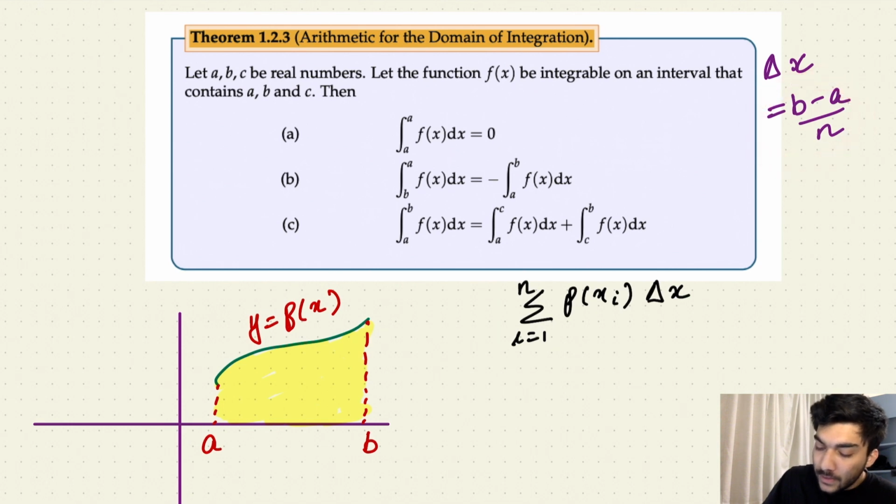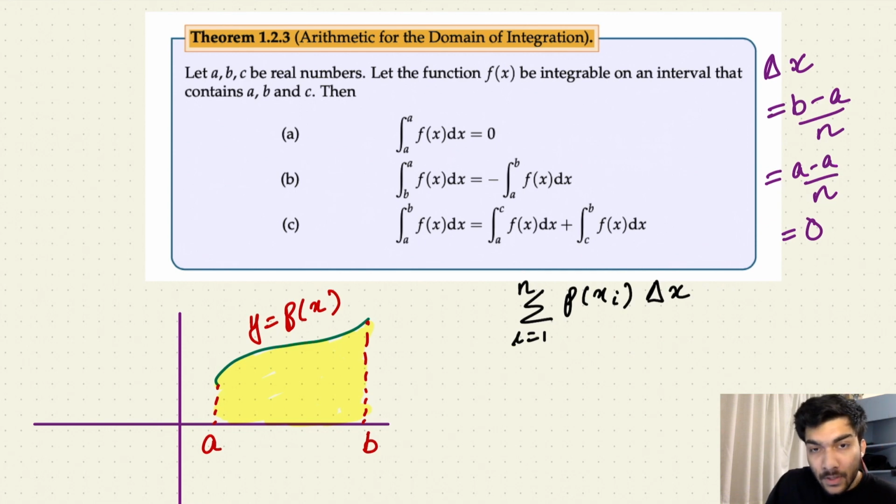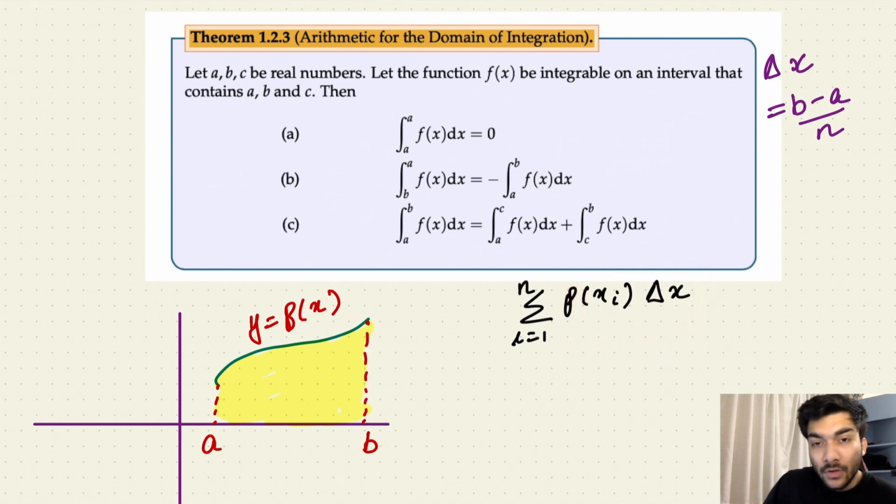If I calculate this expression when b is equal to a, it would become (a minus a) over n, and that would be 0. So your sigma expression would become 0, and that is why you have this expression as 0. That is why all the theorems over here are completely based on this expression, and if you know how to evaluate this expression and simplify it down, you'll prove all these three expressions.